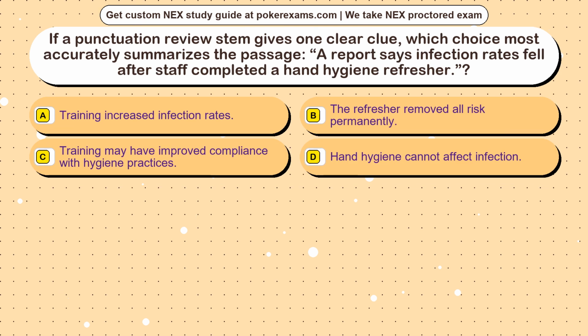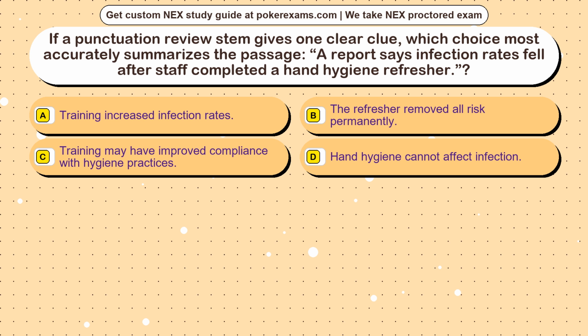Question 4. If a punctuation review stem gives one clear clue, which choice most accurately summarizes the passage? A report says infection rates fell after staff completed a hand hygiene refresher. Option A, a training increased infection rates. Option B, the refresher removed all risk permanently. Option C, a training may have improved compliance with hygiene practices.